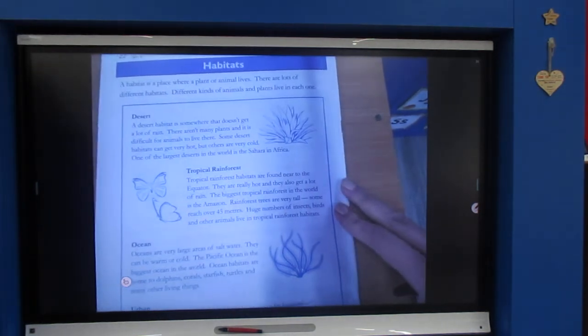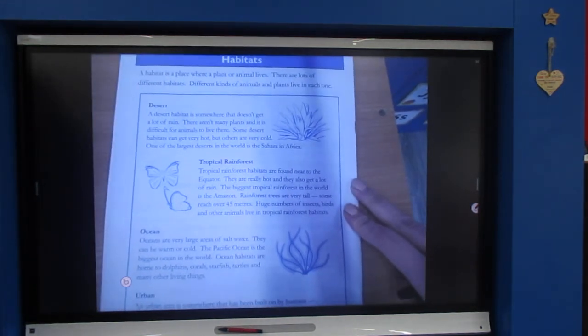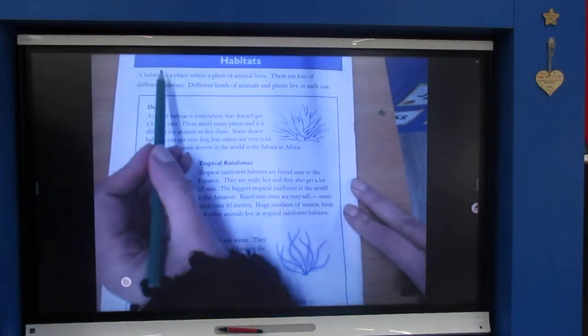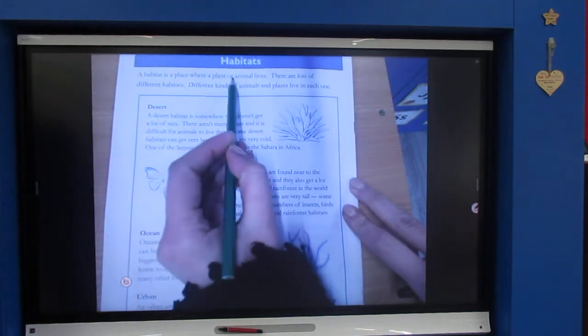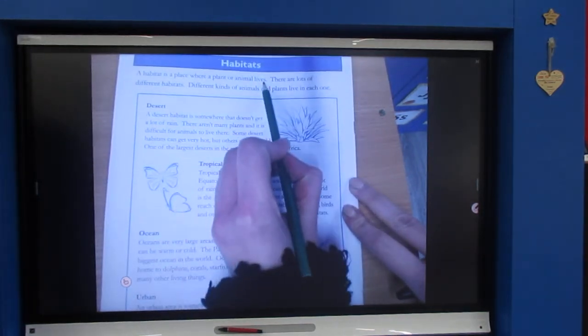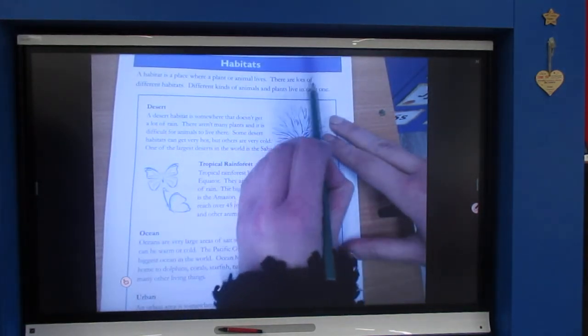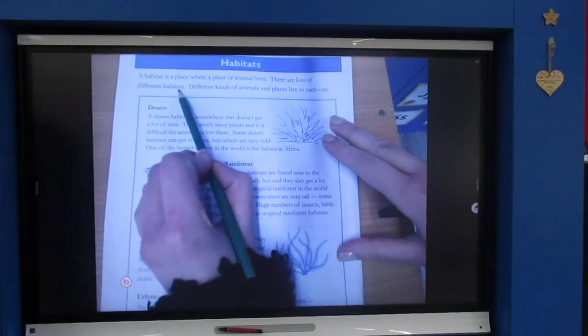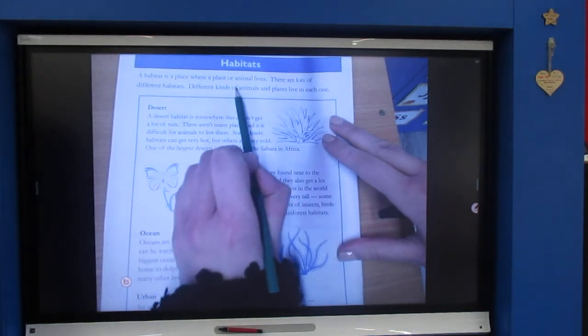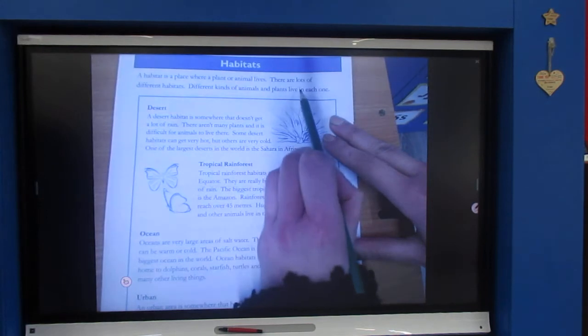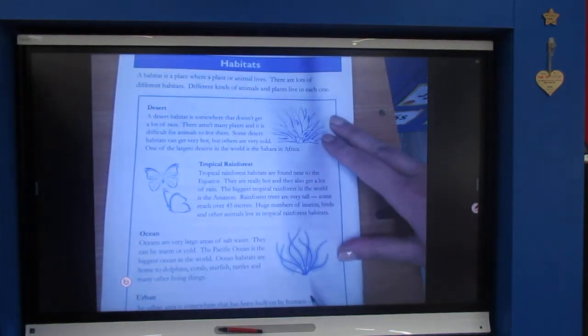So let's have a look. A habitat is a place where a plant or animal lives. There are lots of different habitats, and different kinds of animals and plants live in each one.